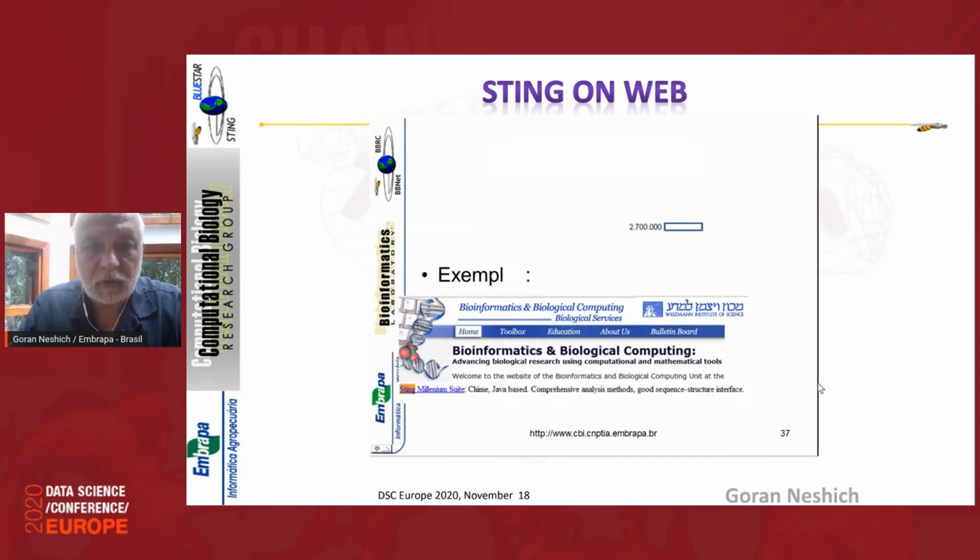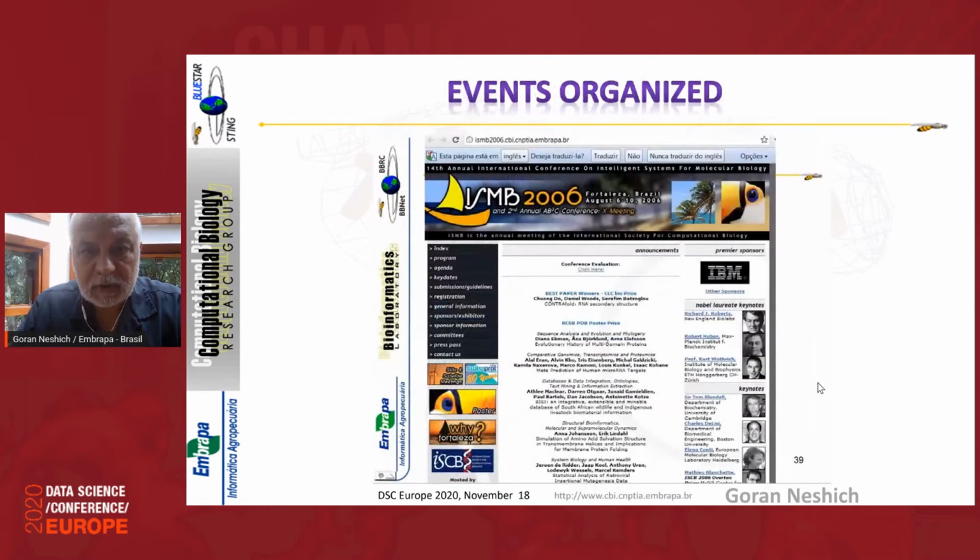We are part of the content of some very frequented websites, like this one at the Weizmann Institute. And as a consequence, we organized the largest computational biology conference here in Brazil back in 2006 with the presence of 4 Nobel Prize winners.